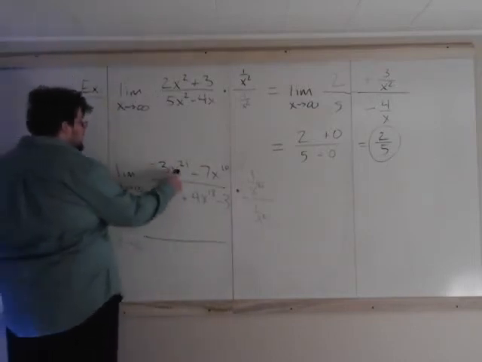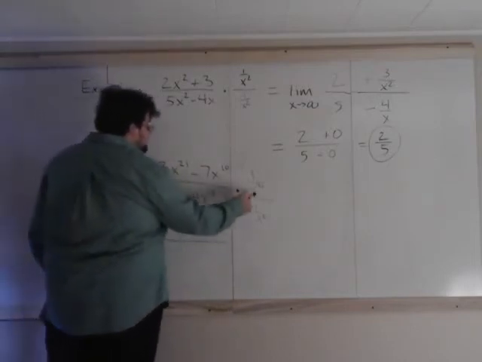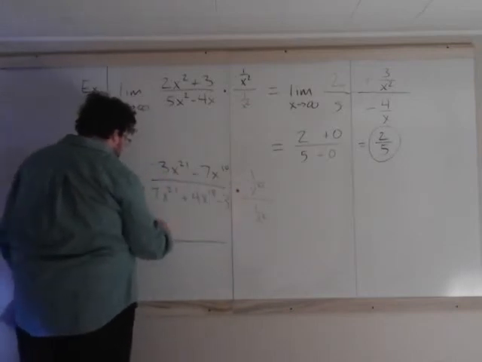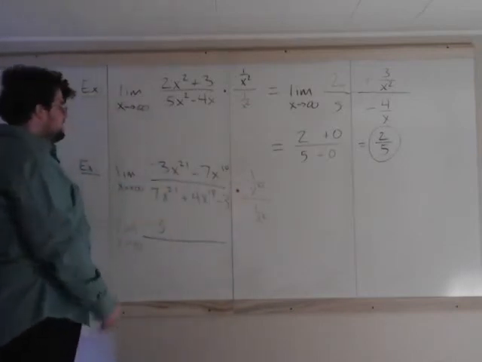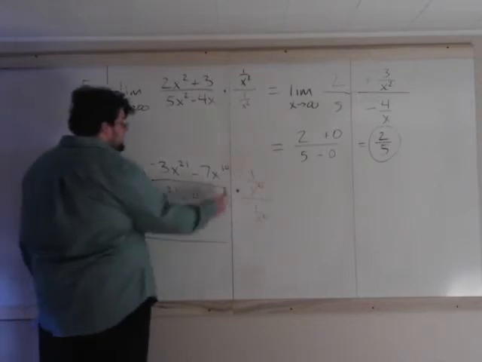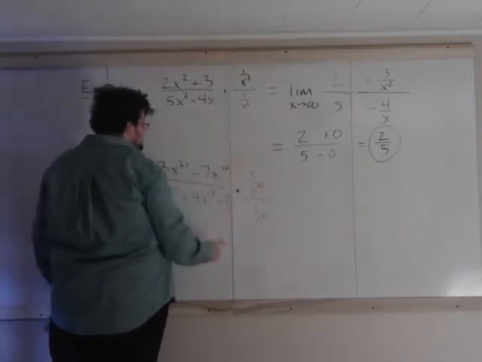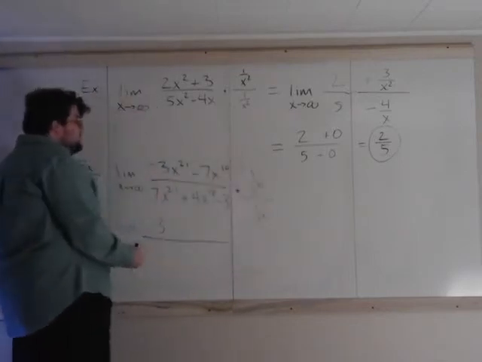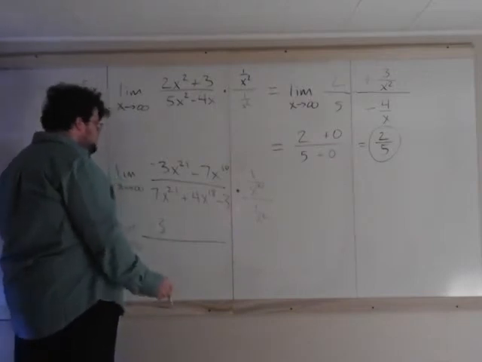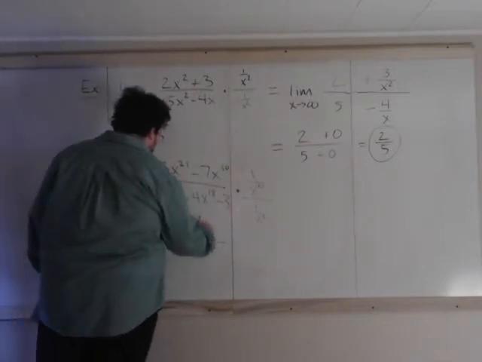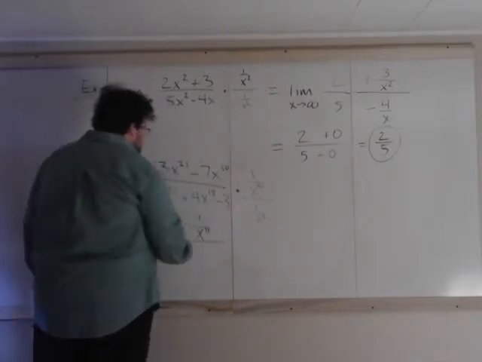Well, if you have 21 x's on top and 21 x's on the bottom, you're left with no x's. If you have 10 x's on top and 21 x's on the bottom, well, 10 of them are going to cancel, and you're left with 11 of them on the bottom.